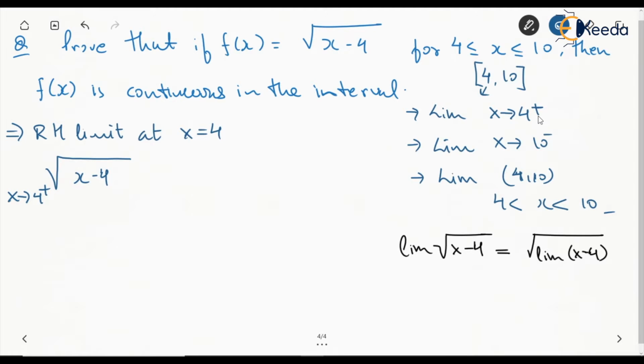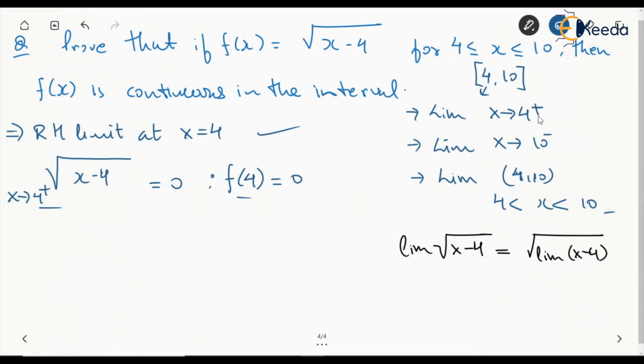So this will become 0. And also the function value at 4 will be 4 minus 4 under root, which will also be 0. This says that the function value and the right hand limit are the same. So this check for right hand limit is fine. We are okay with that.